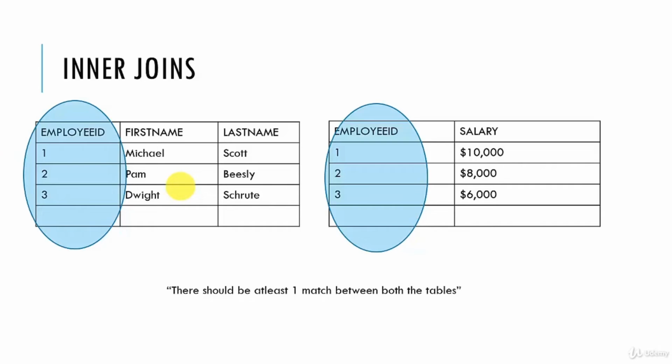In this case, there are 3 rows that are common across both the tables, and that's what will be returned. There should be at least one match between both the tables, right? In this case, employee ID 1, 2, and 3 are perfect matches between both the tables, and you will get 3 rows when you inner join these 2 tables. Don't worry, we will look at an example where this will become more and more clear to you.